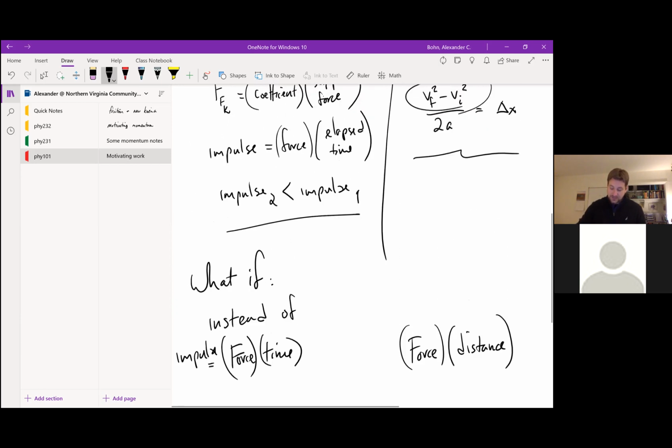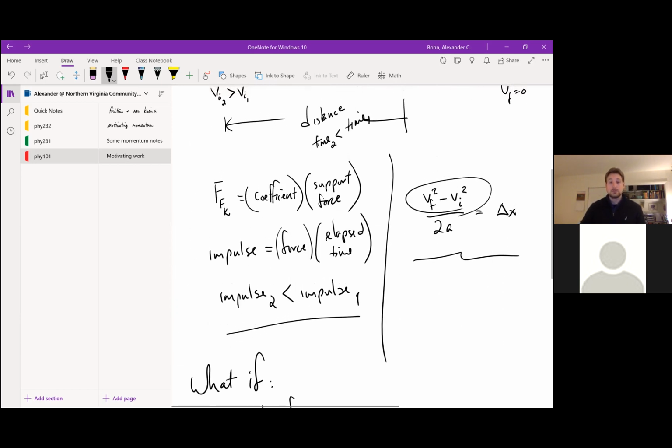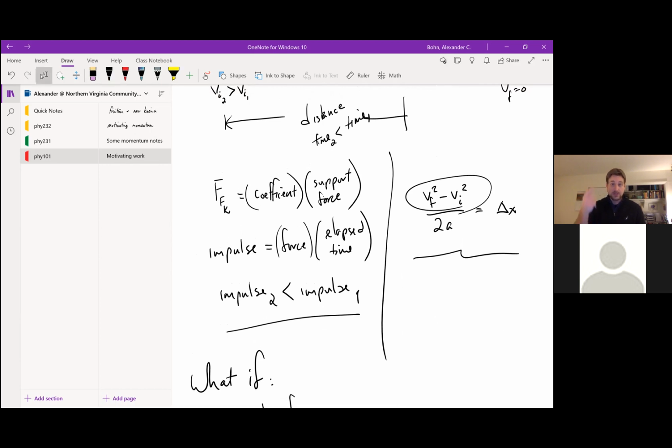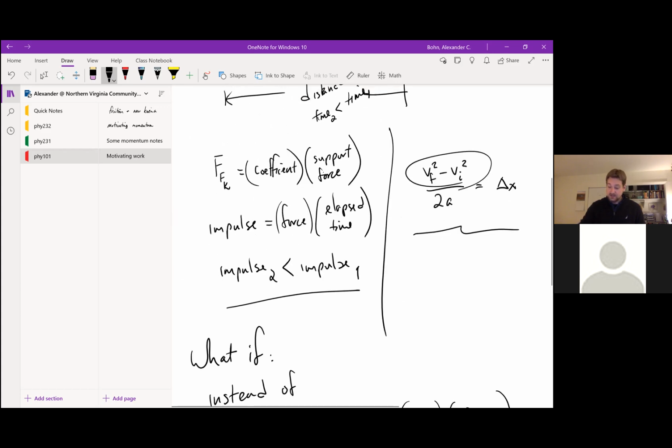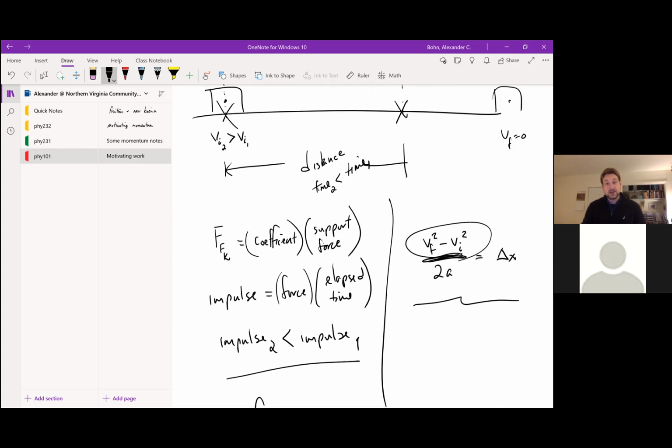The times are different, but it's the same force, the same acceleration, and the same distance traveled. Same square difference between the speeds. So talking about the time, that's different, but it doesn't match with all the other things that are the same. Force and distance are the same. And so is the difference between the square speeds.